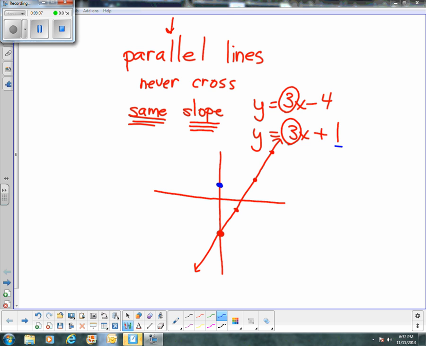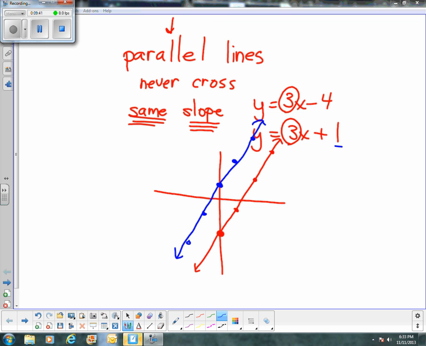Up 3 over 1. Down 3 over 1. If you look, you can see that those two lines are going to run side by side, and they have the same slope, so therefore they are parallel lines.